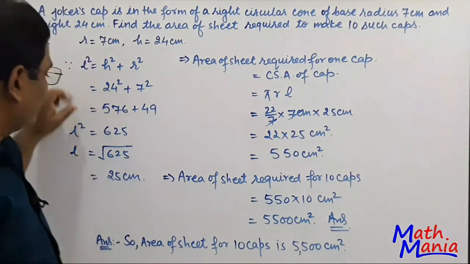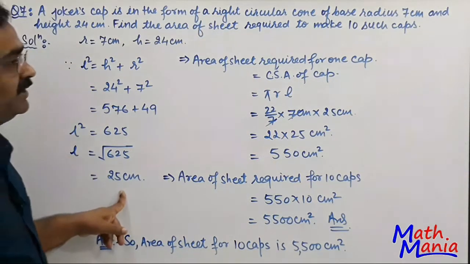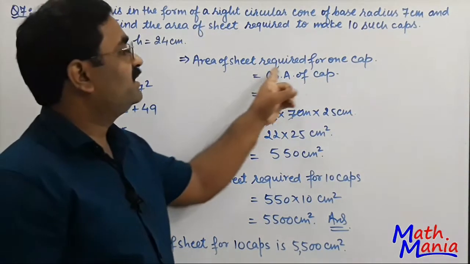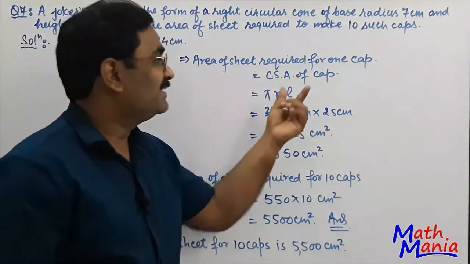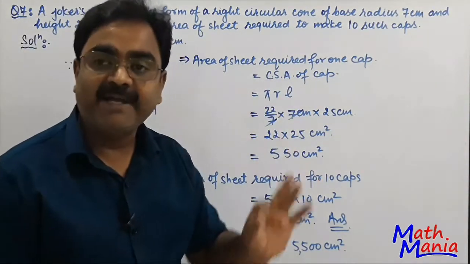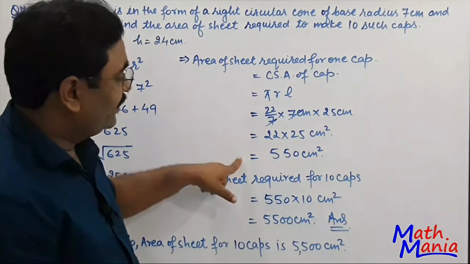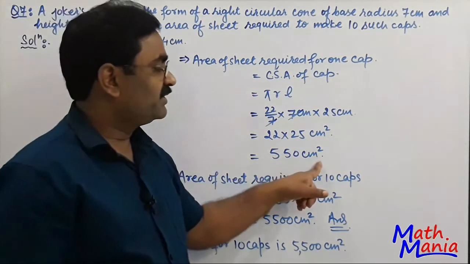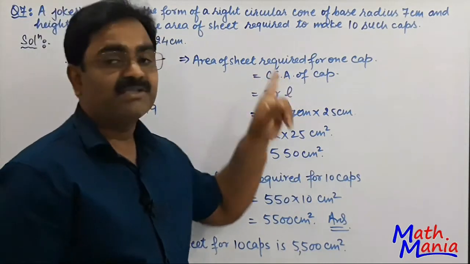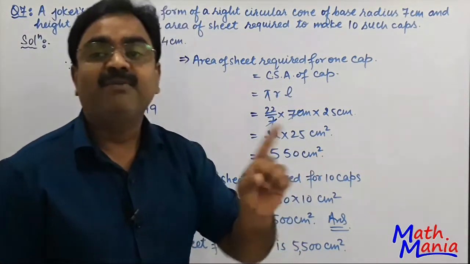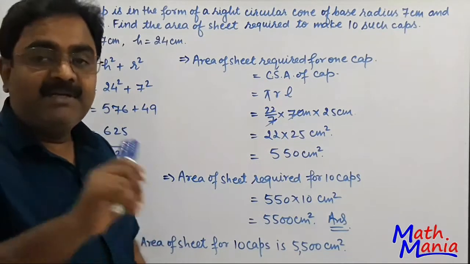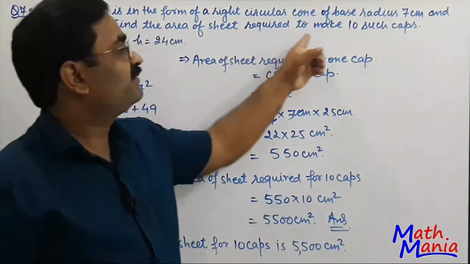So after getting the value of L, which is 25 centimeter, we found the area of sheet required for one cap. That is the curved surface area of the cap, which is pi r into L. After substituting, we get 550 centimeter square as the area of sheet for one cap. But in the question it was asking the area of sheet for 10 such caps.